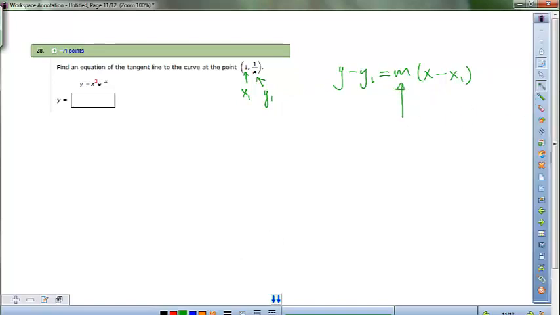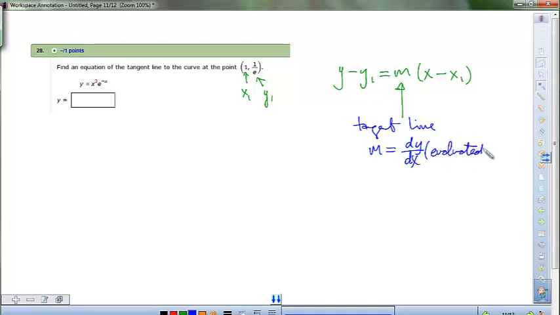Now for a tangent line, we know that our m is equal to the derivative, but we have to be careful here. The derivative has to be evaluated at whatever the x value is.